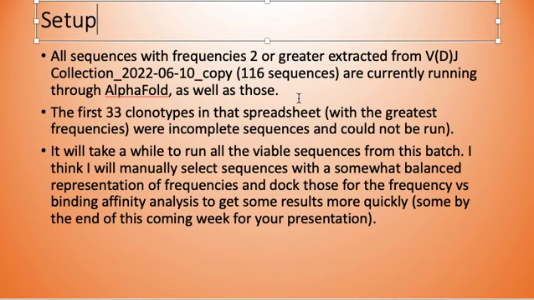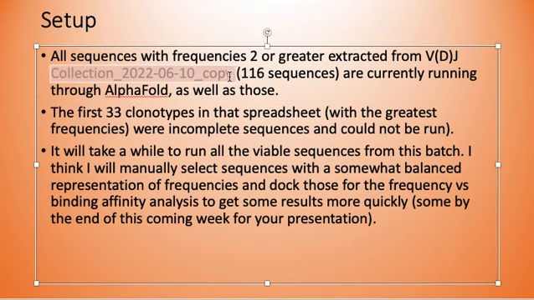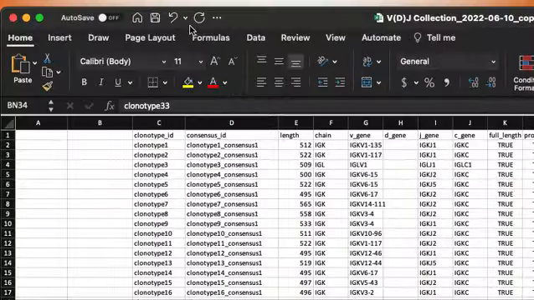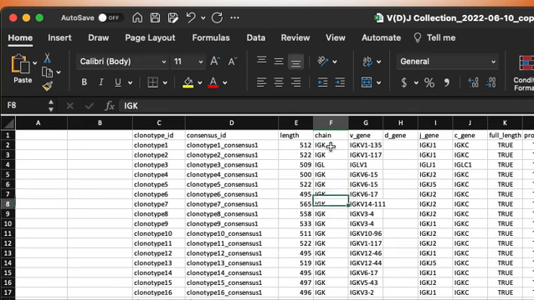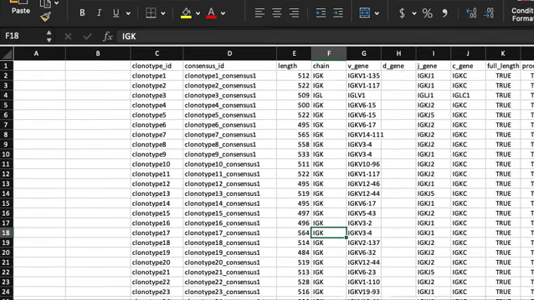However, one caveat that I noticed was the first 33 clonotypes in that spreadsheet. I didn't specify, but it's in the June 10th one. They were incomplete sequences. They couldn't be run. What I mean by that is, you see clonotype 1, 2, 3, 4, etc. They had only light chains, so they're not viable sequences that I can submit both a heavy and a light chain for.